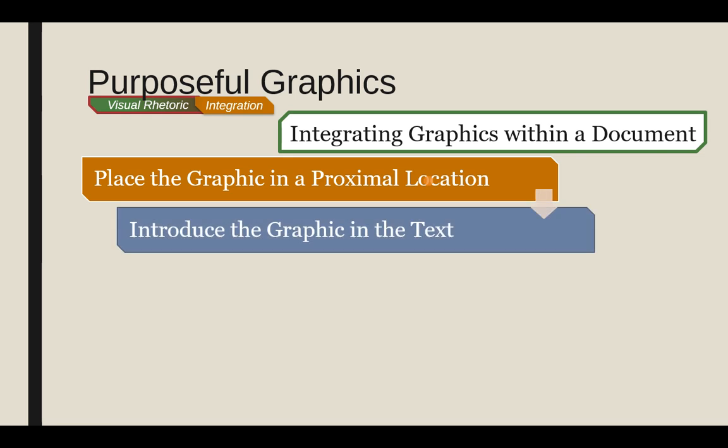Okay? Introduce the graphic in the text. Make sure to introduce it in the text. Okay? While most people will scan and see a graphic before they ever come close to seeing it in the text, when you mention it in the text, it tells me, okay, this is why this graphic is here. This is what I'm talking about.